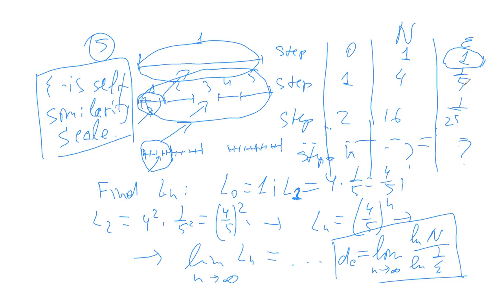And the second danger is that not all fractals have a definite self-similarity scale. There are some strange fractals which indeed have subpieces, and the subpieces are similar to larger pieces or to the original piece. But these subpieces can be of different sizes.